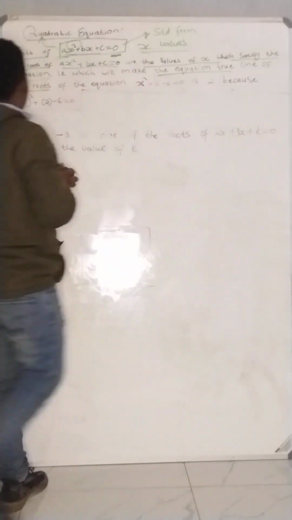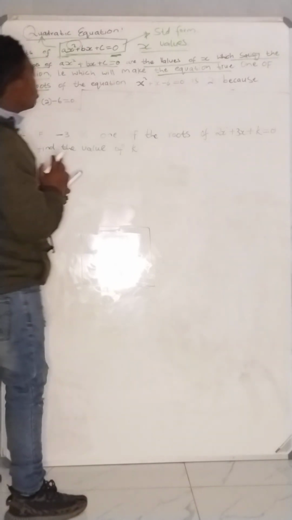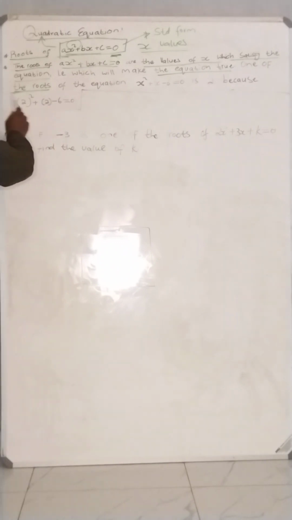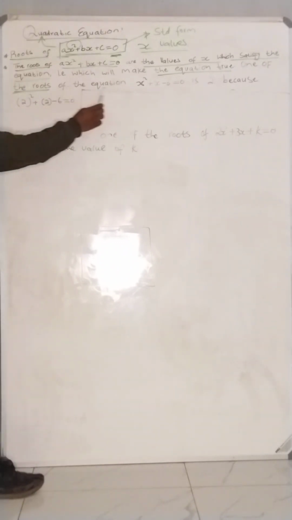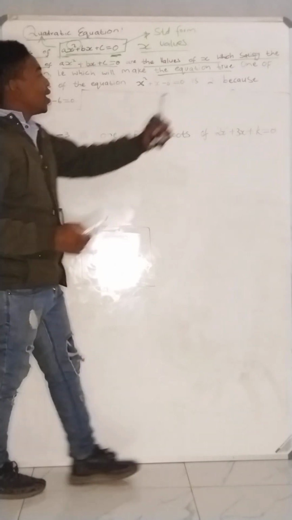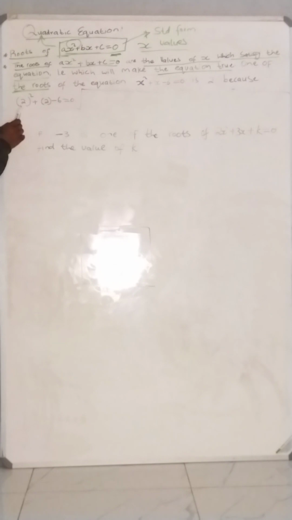Okay. So now, moving forward, they say to you that one of the roots of the equation x squared plus x minus 6 equals 0 is 2, because 2 squared plus 2 minus 6 equals 0, and this is actually true.